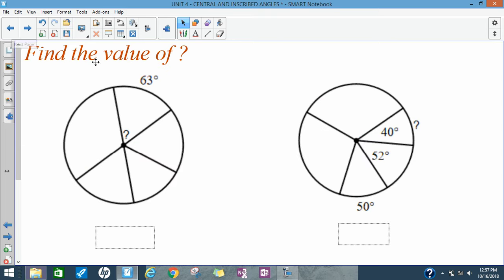So let's try a couple of these. Here I have this question mark. It's representing the angle measure here. It's a central angle because its vertex is at the center, and it intercepts this arc that's 63 degrees. So a central angle is always equal to the arc it intercepts, so that angle question mark is just 63 degrees.